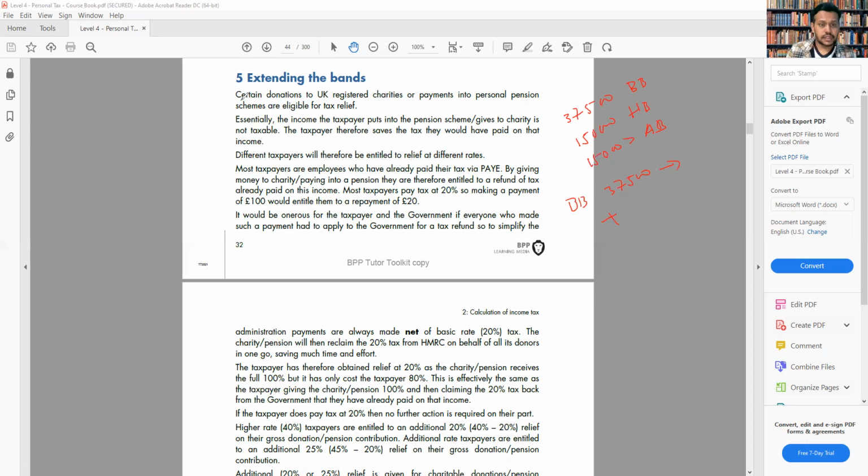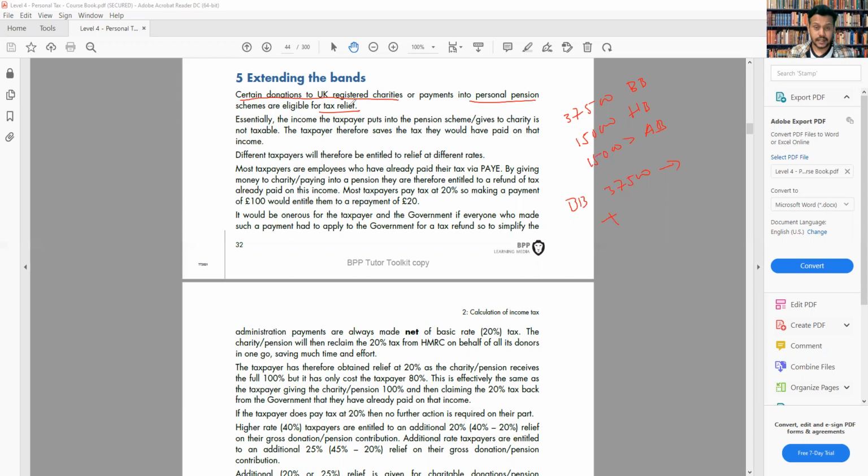So let's have a look. Certain donations to UK registered charities or payments into a personal pension scheme are eligible for tax relief.